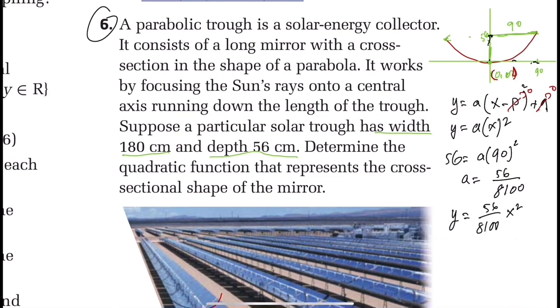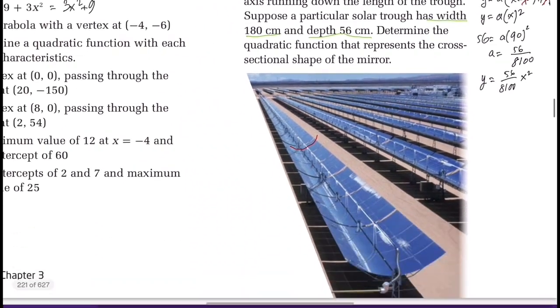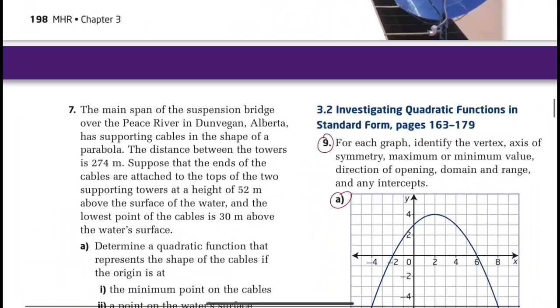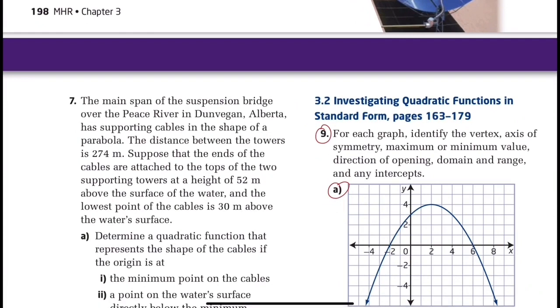Okay, same thing for question number 7. It is exactly the same thing. You just need to draw a parabola shape. The whole distance between the two towers is 274, and the height is 22, so your vertex will be at 137 and 22.